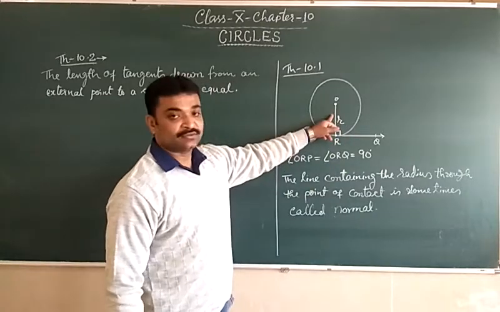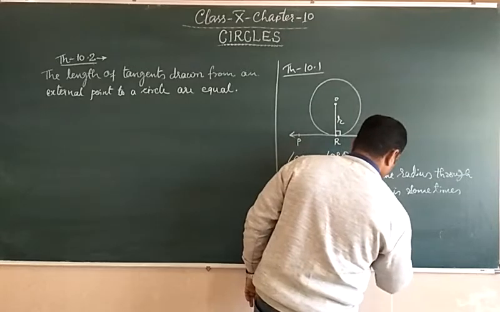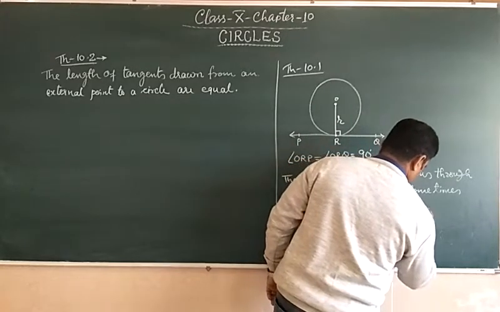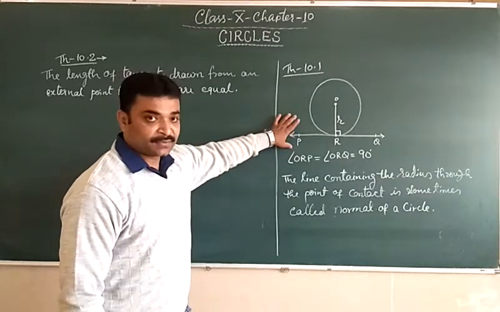This line is called the normal of a circle. Clear? And what is theorem number 10.1?